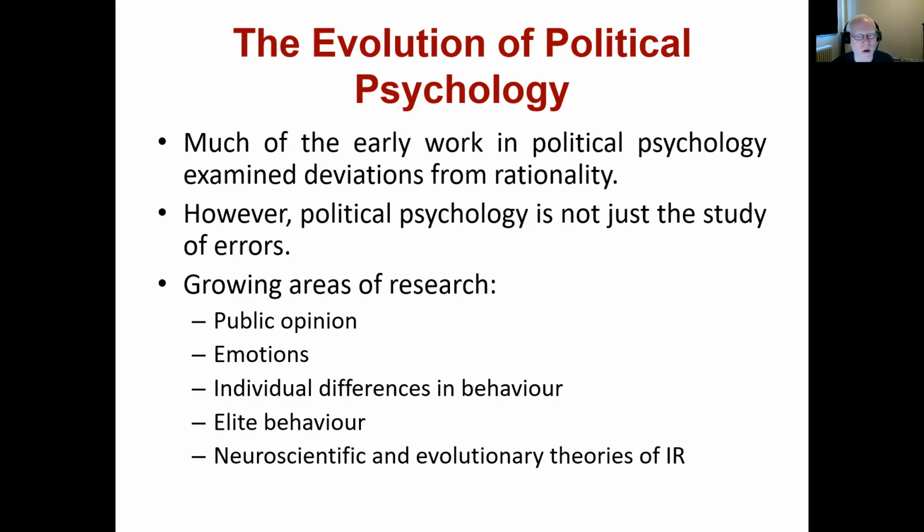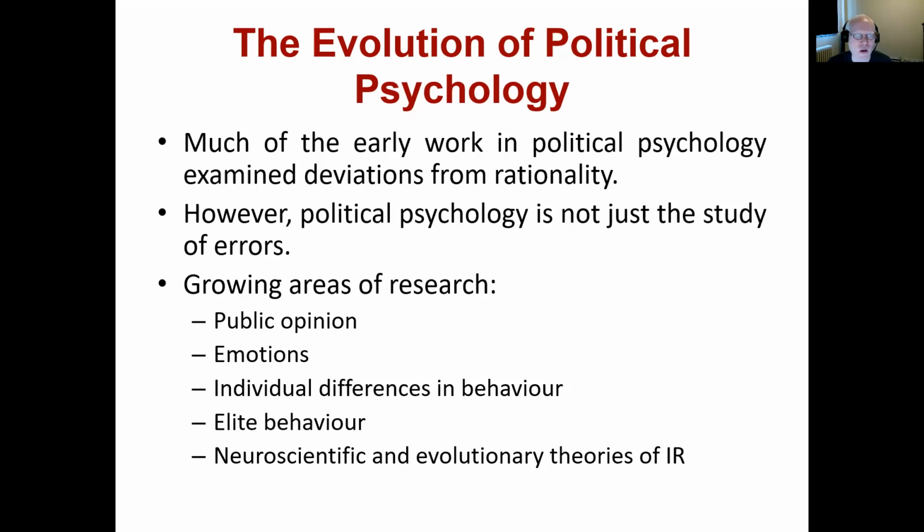Now, much of the early work in political psychology examined deviations from rationality. So we looked at biases that people had in decision making, errors that people were making. You have this rational choice baseline where we expect people to weigh costs and benefits, do complete information searches, and have consistent preferences.